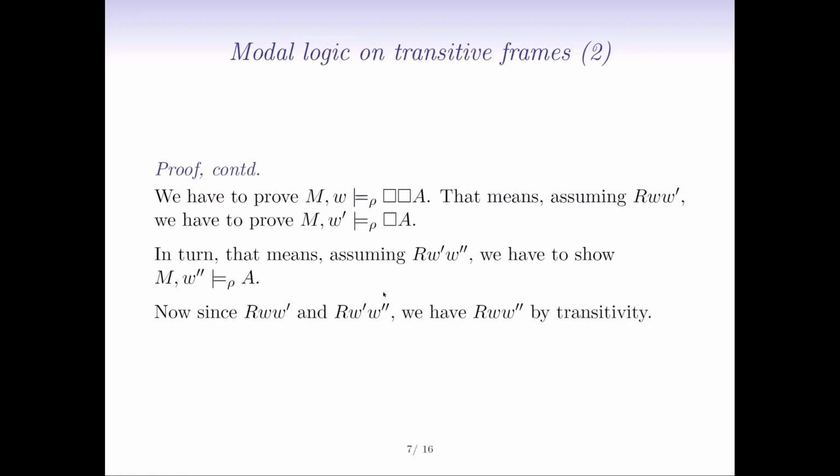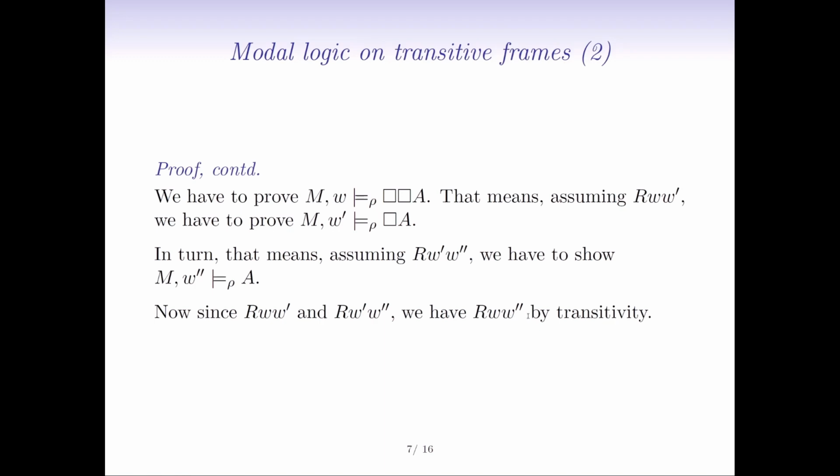Now, since we have that W double prime is accessible in 2 steps from W, so we have R W W prime, 1 step, and R W prime W double prime, 2 steps. Since the frame is transitive, and remember transitivity says anything you can get to in 2 steps, you can get to in 1 step, by transitivity we must have that R W W double prime.